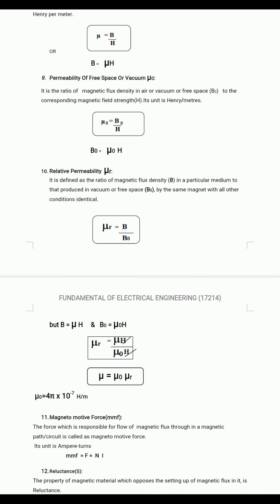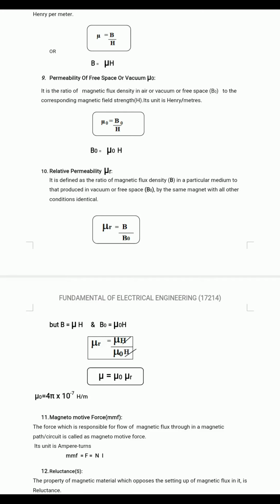What remains is mu divided by mu naught. That means we can modify this formula to mu is equal to mu naught into mu r. So what does this mean? The absolute permeability is equal to the product of relative permeability and the permeability of free space.